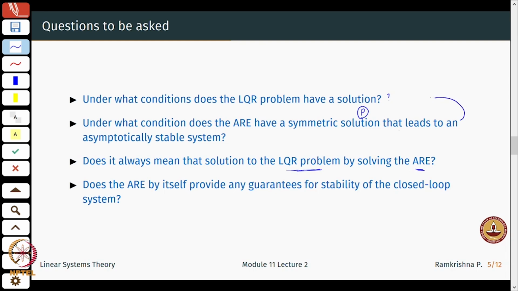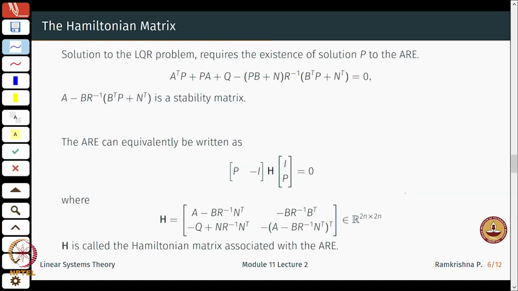So, if I can find a p, does it also mean that I have solved the LQR problem? Okay. And lastly, a question that we will also ask is, does the Riccati equation by itself provide any guarantees for the closed loop system? Okay. So, these are the questions that we will try to answer.